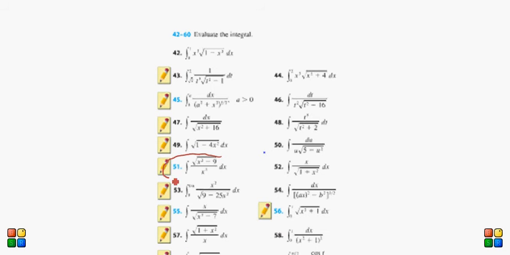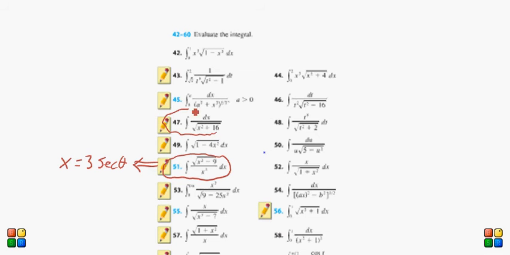Let's look at number 51 first. There I see x squared minus 9, and when you see that the x squared precedes the minus sign, this is a secant substitution. So for this one we do x equals 3 secant theta.